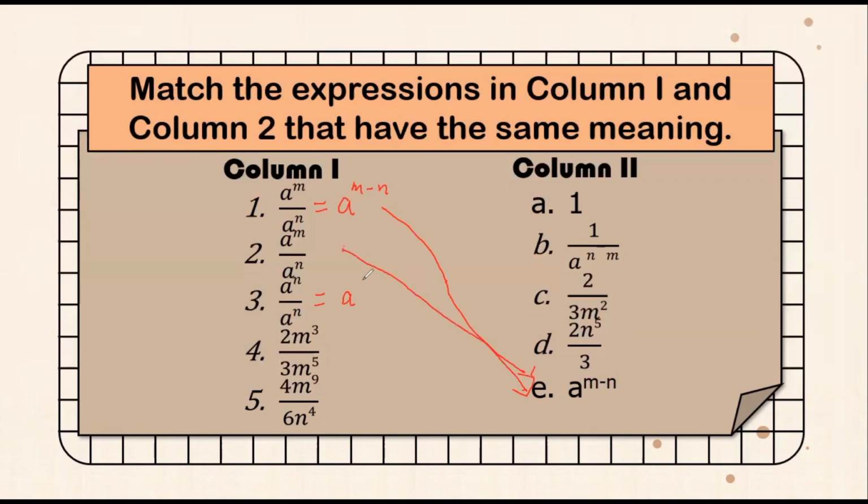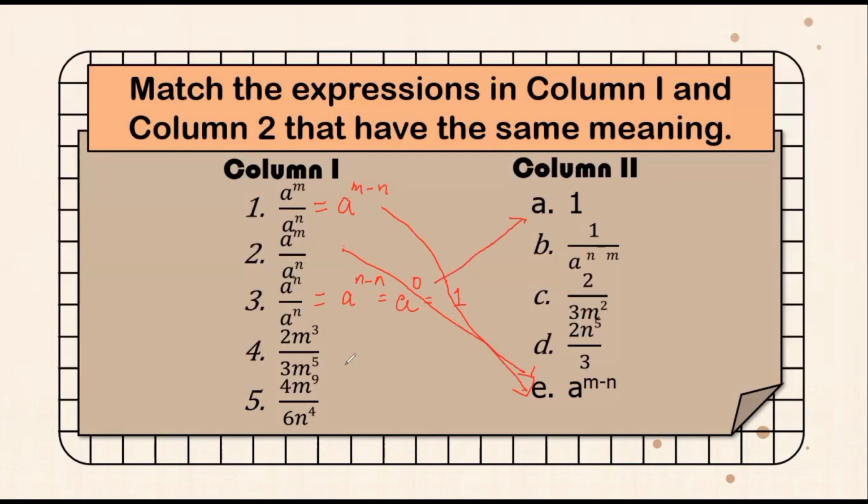You have to subtract them. So n minus n. And this will give you a raised to n minus n, that will give you a raised to 0. Recalling the concept of zero exponents, any variable or any expression that is being raised to 0 is always equal to 1. Therefore, the answer for number 3 is letter A.